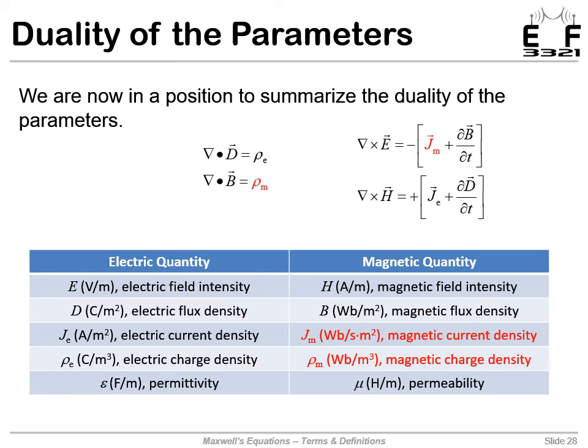So here's a chart of the duality. If we're looking at things from the perspective of the electric fields, we have the electric field intensity, units of volts per meter, and this is sort of our initial electric push. This is the way electric energy manifested itself in the vacuum of space. Well, on the magnetic field side, we have our magnetic field intensity, units of amps per meter.